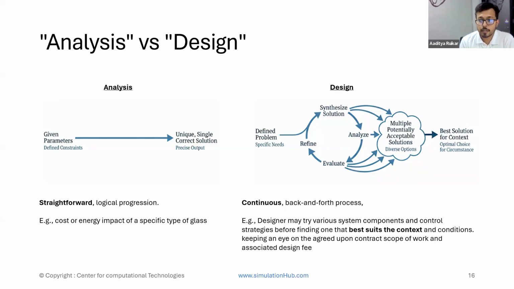The best suitable energy source might be different for that. Maybe you are going with a ground source heat pump, or the project you are working on has a district cooling system or district heating system. So you have to try multiple things. You have to analyze multiple models.